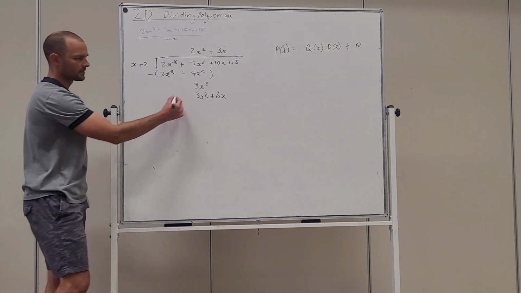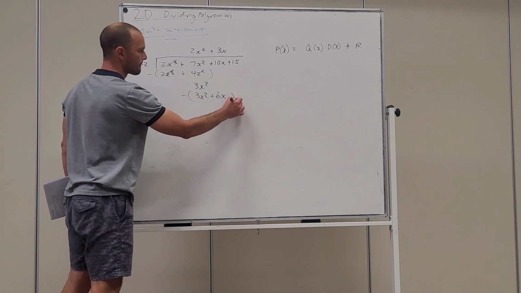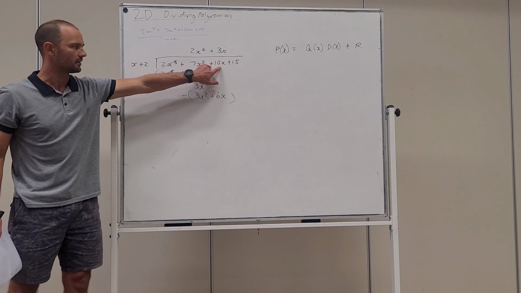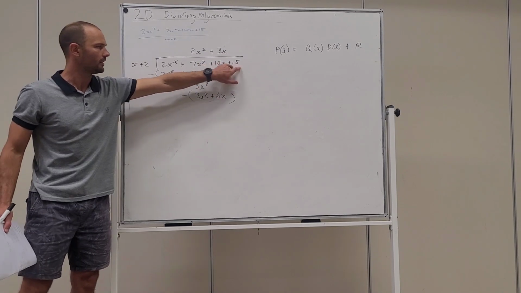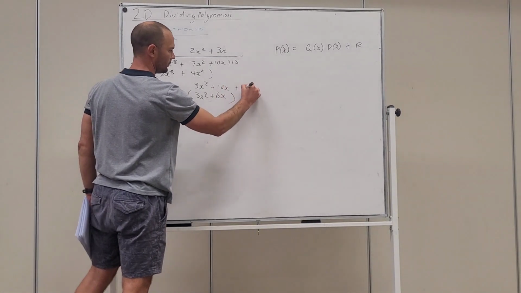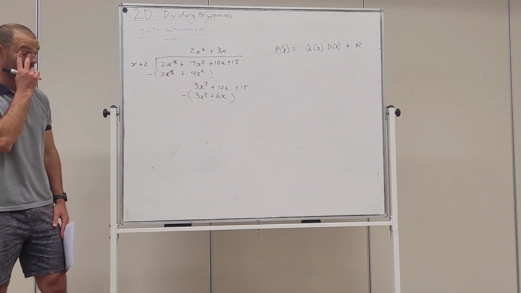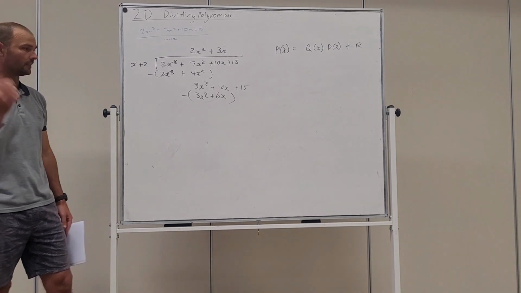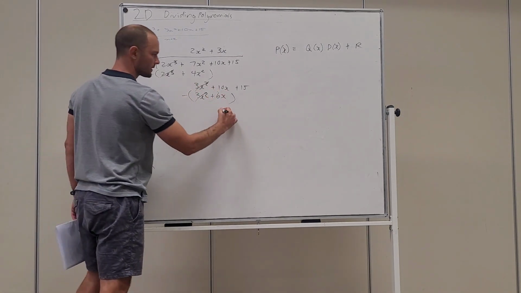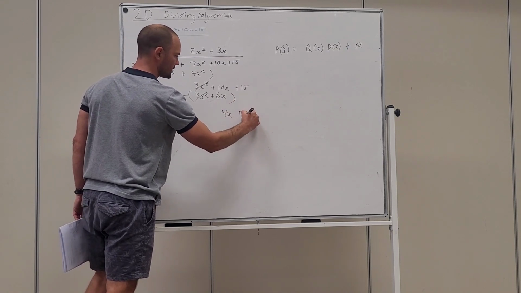Now we're going to subtract that one away, and we'll need to bring this 10x down. You can just bring them down like this, or leave it, it doesn't really matter. You're performing an algorithm, so really we're interested in the answer. 3x squared take 3x squared will cancel, 10 take 6 gives us 4x, and then the 15's just hanging out.